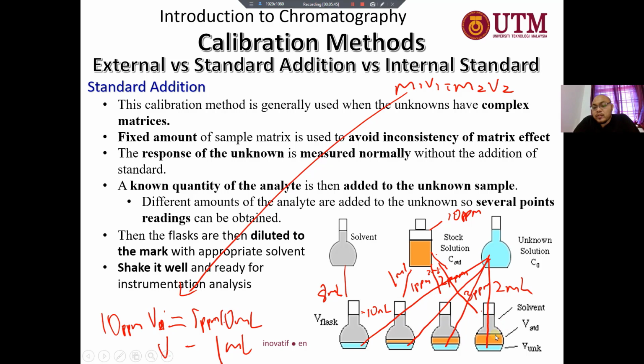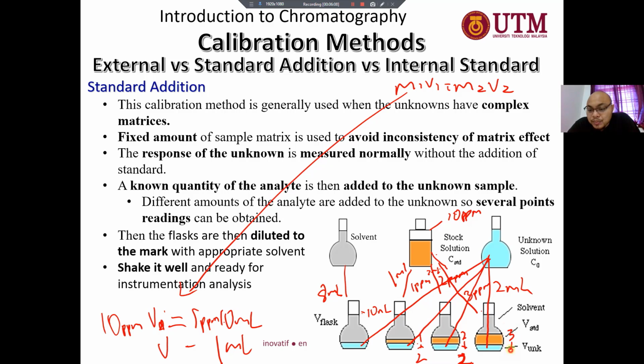So in total, what do we have already? Here we have 1 plus 2. Here is 2 plus 2, sorry, because the unknowns should be the same.